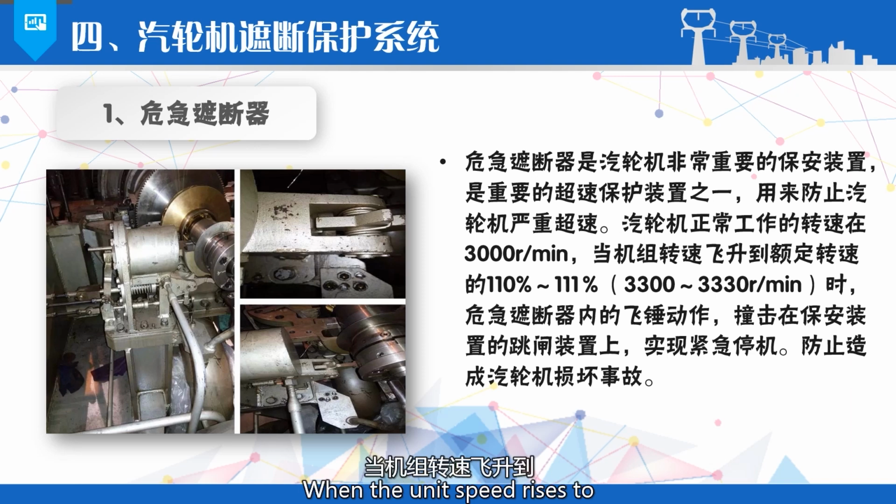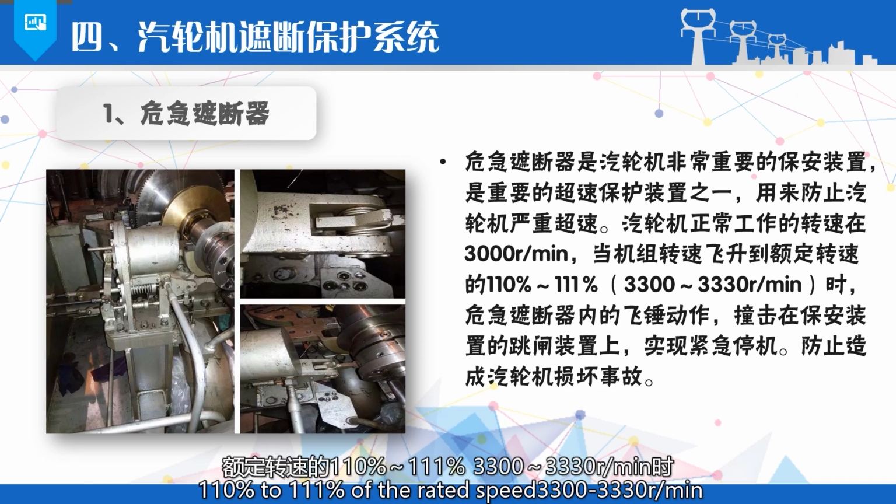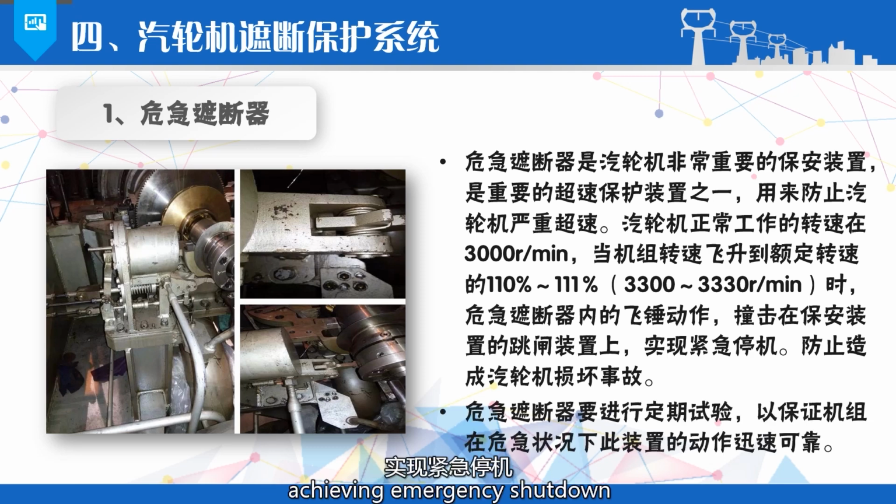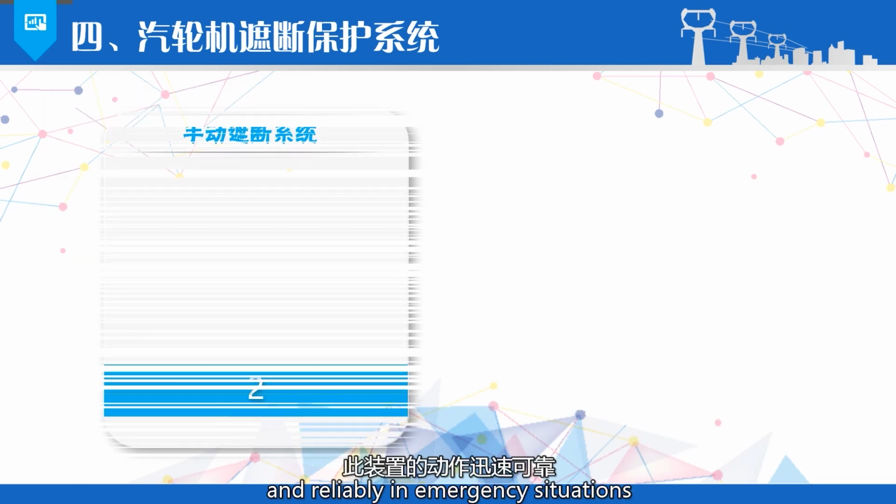When the unit speed rises to 110% to 111% of the rated speed, 3,300 to 3,330 rounds per minute, the flying hammer in the emergency governor will act and hit the tripping device of the safety device, achieving emergency shutdown and preventing accidents that damage the steam turbine. The emergency governor should undergo regular testing to ensure that the device operates correctly and reliably in emergency situations.